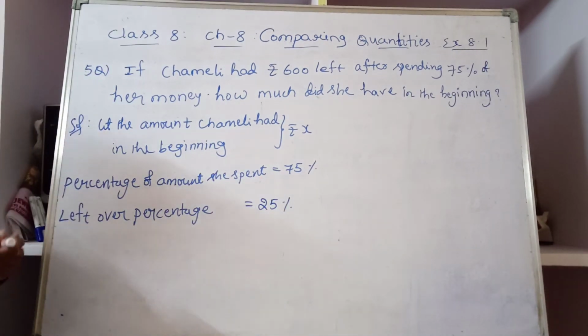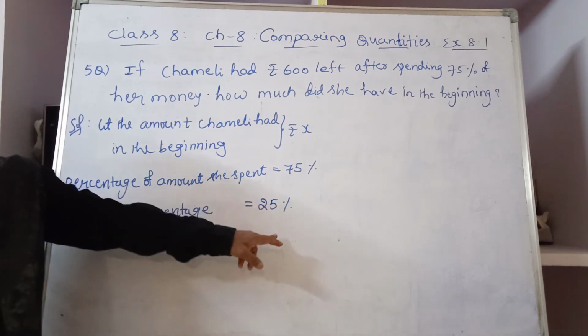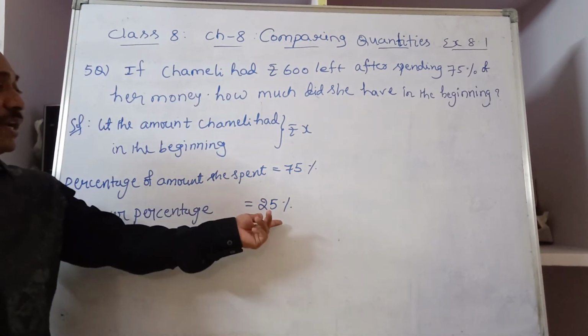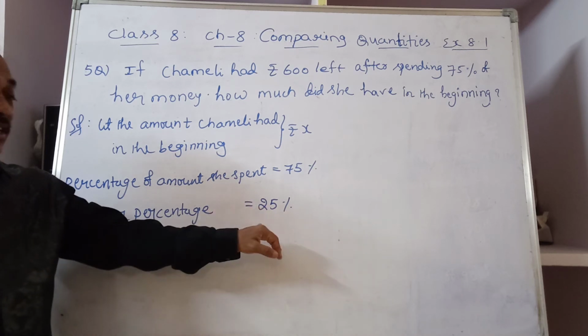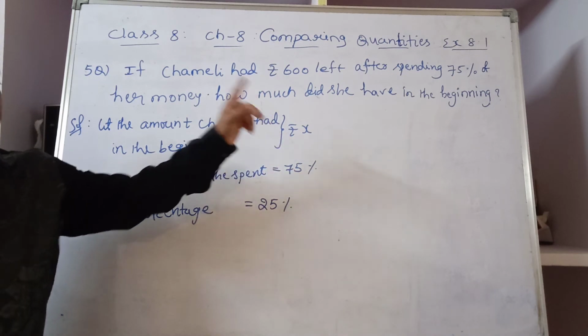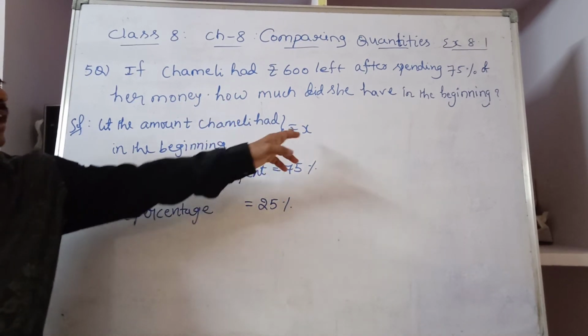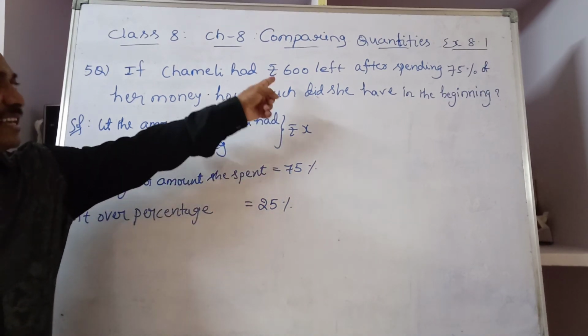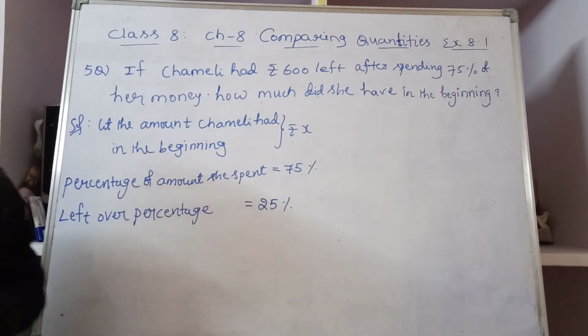So the leftover percentage is 25%, and the leftover amount is 600. This 25% is of what? Her amount, rupees X. So 25% of X is equal to 600.